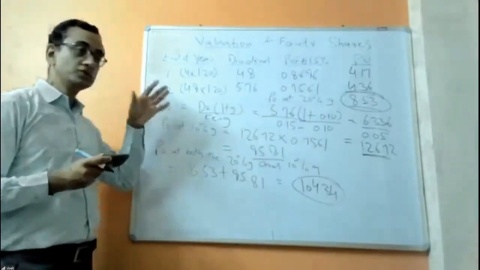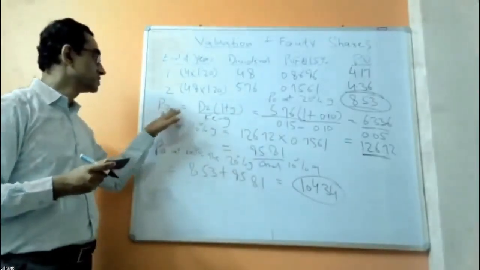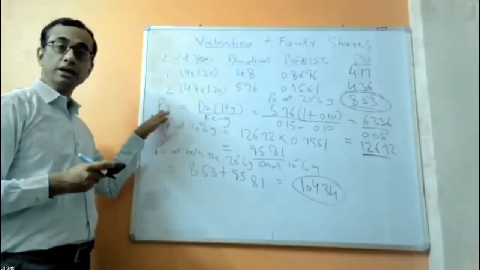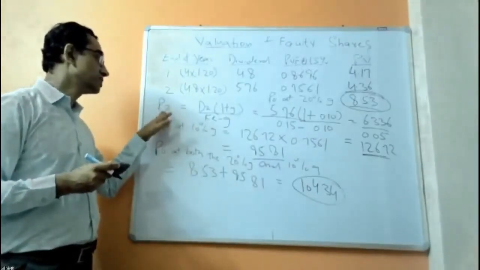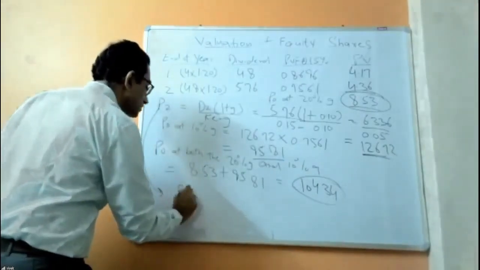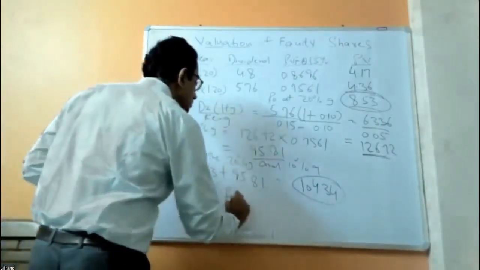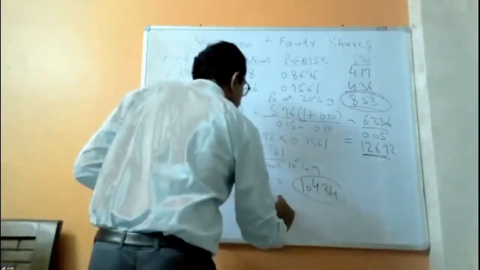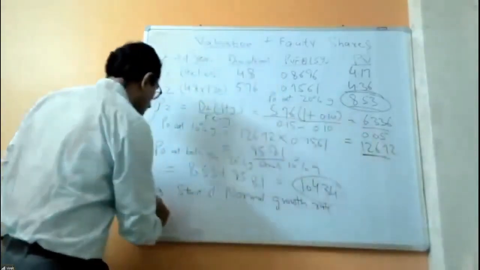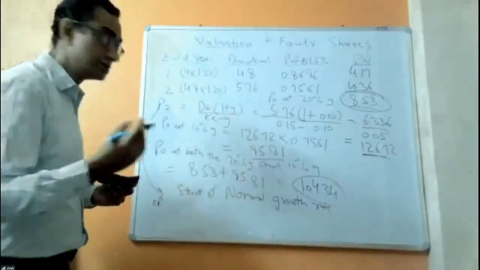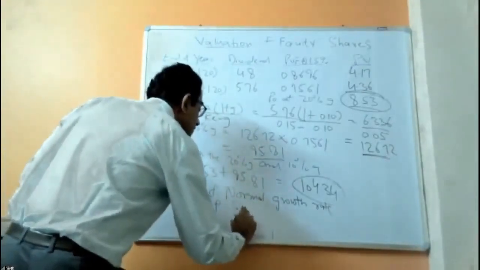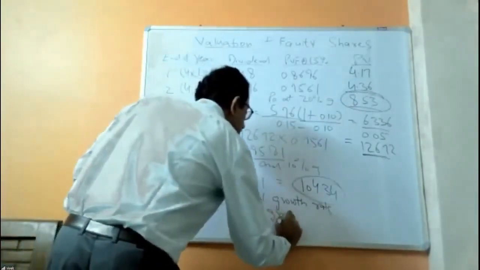Then we come to the second growth rate, which is P2 equal to D2 into 1 plus G upon K minus G. This is the price at the beginning of the third year. This P2 can also be called the start of the normal growth rate period, or the end of the super growth rate period.